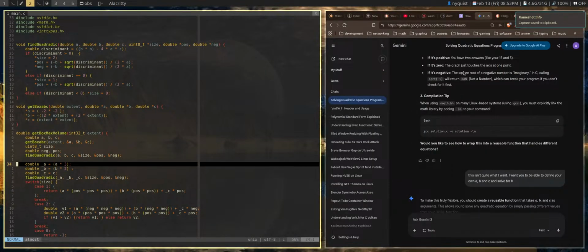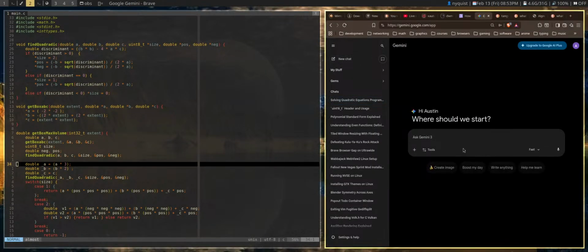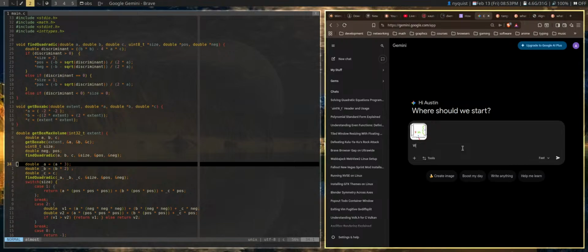Get that out of full screen. I'm trying to solve this problem programmatically.